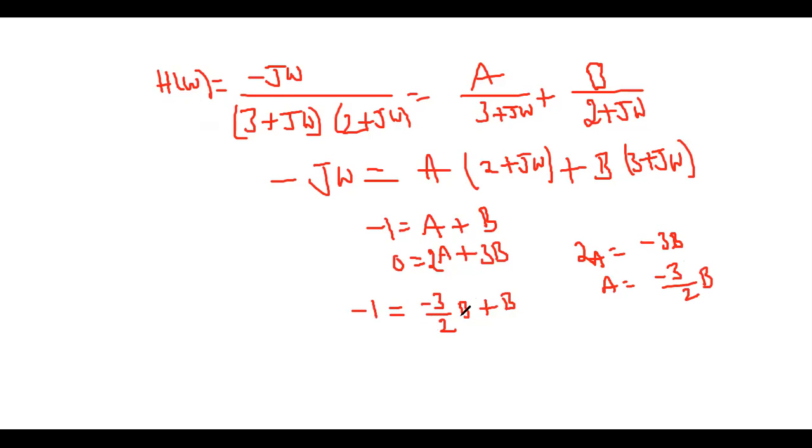Otherwise, you can use any method. Minus 1 is equal to minus 3B plus 2B whole divided by 2. So minus 2 is equal to minus B. B is equal to 2.